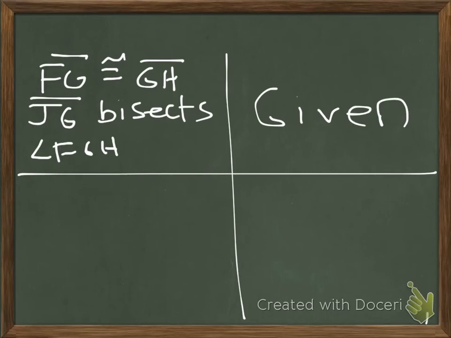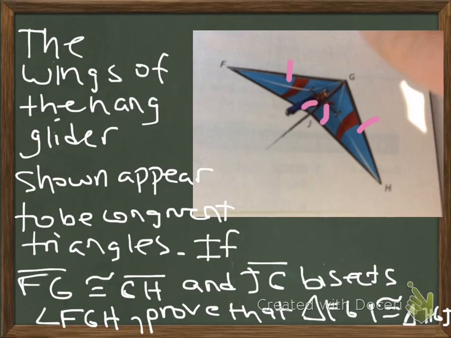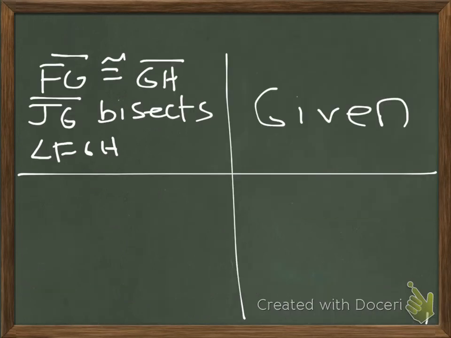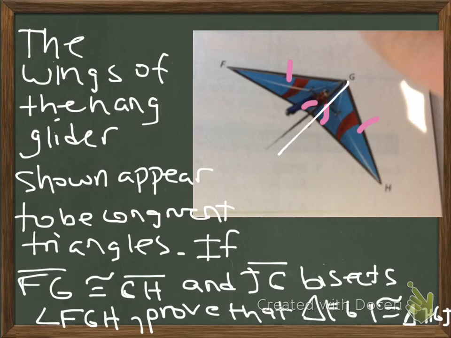So if we start with our given, we then can talk about the word bisects, and if that's going to be this right here, bisecting the angle, it's going to mean this and this angle, sorry, because this is bisecting it.